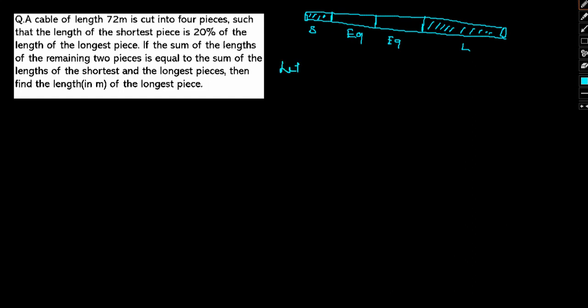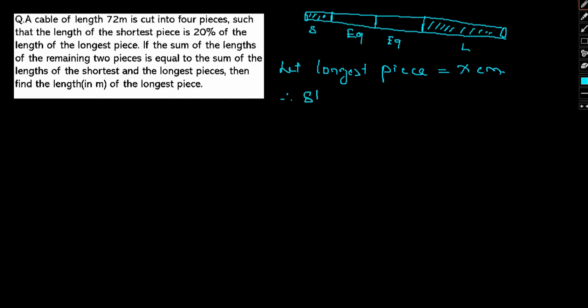Let the length of the shortest piece be 20% of the length of the longest piece. Okay, my bad. Let me take the longest piece equal to x centimeter. So therefore the shortest piece is 20% of that length.